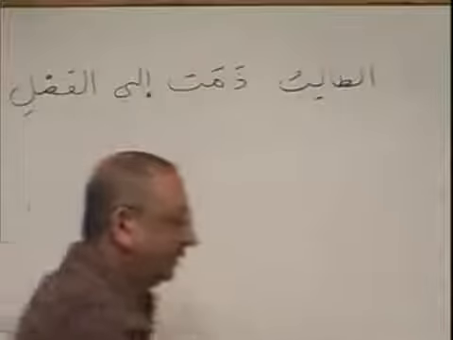What did I say, brothers and sisters? At-talibu zahaba ilal fasli. Translation? The student went to the classroom. What is at-talibu, brothers and sisters? Mubtada. Where is the khabar? Jumla fi'liya is the khabar. Al-jumlatul fi'liyatu is the khabar.